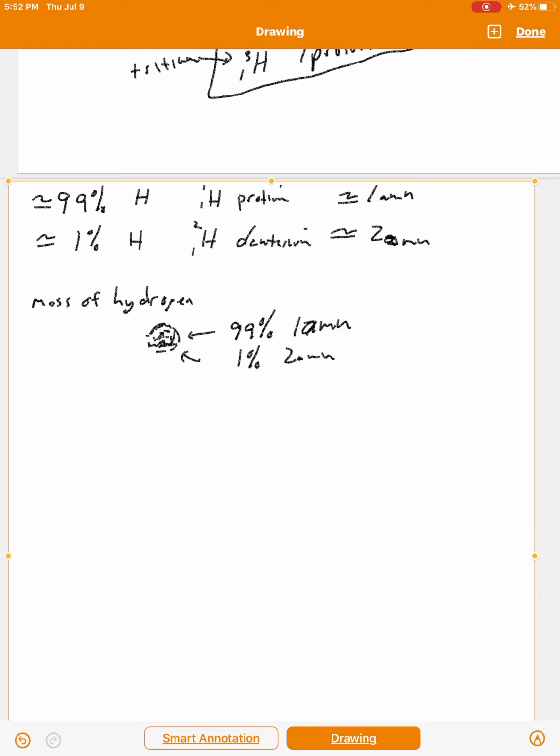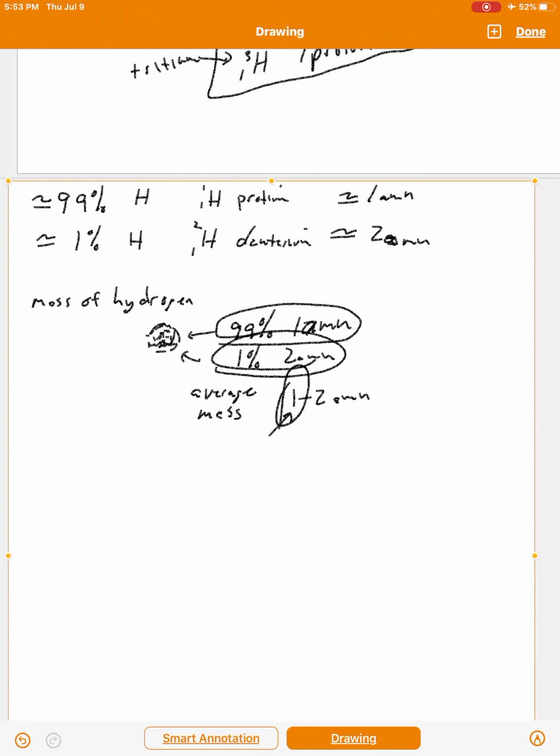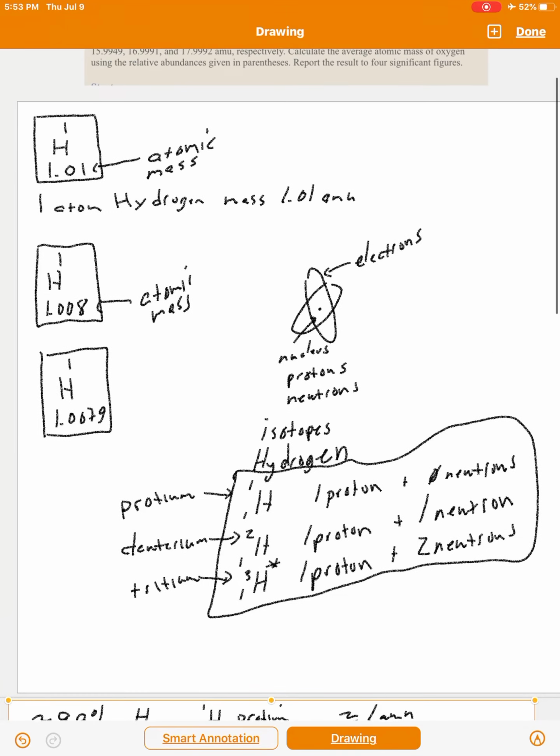So the average mass is between 1 and 2 AMU. It's closer to 1 because 99% of them only weigh 1, only 1% weigh 2. So an average would be very close to 1 AMU. And that's what we have here. The average of that would be 1.01.